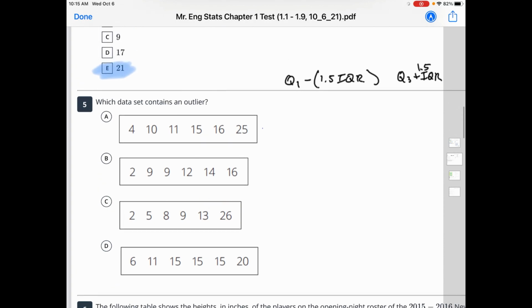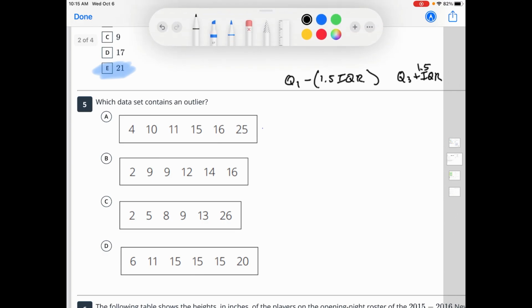For the first one, let's do this in one color. I have Q1, 10, minus 1.5 times the IQR. So that'd be 16 minus 10, which is 6. And then Q3, which is 16 plus 1.5 times 6.